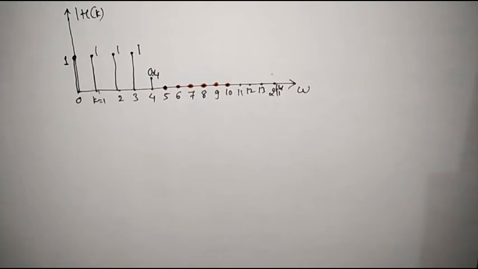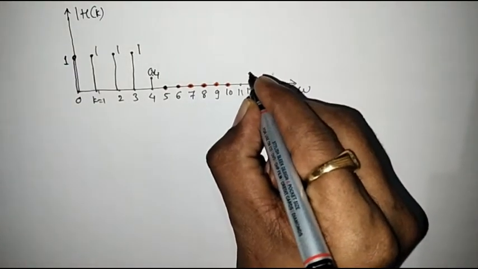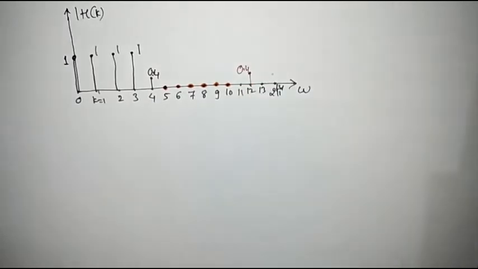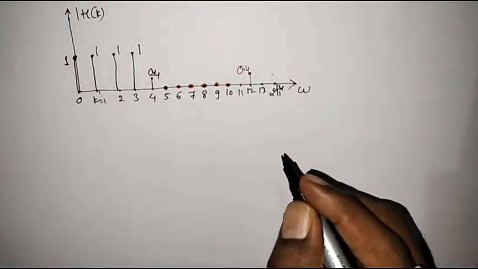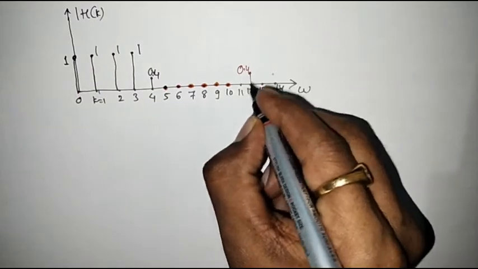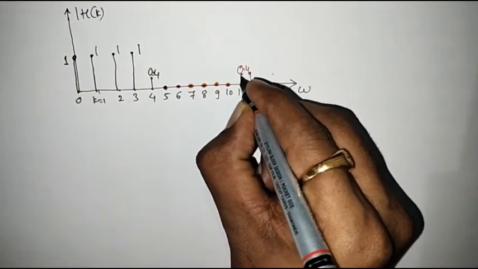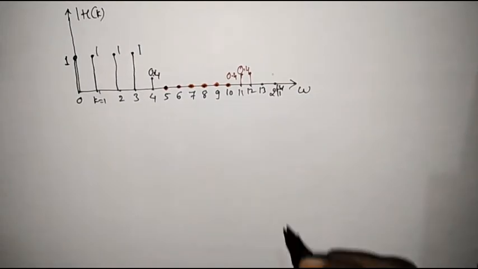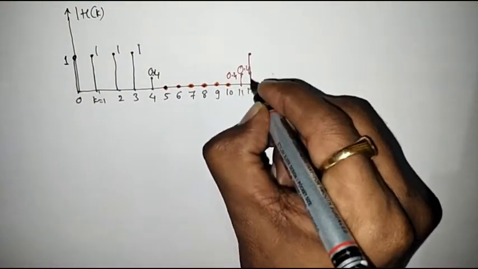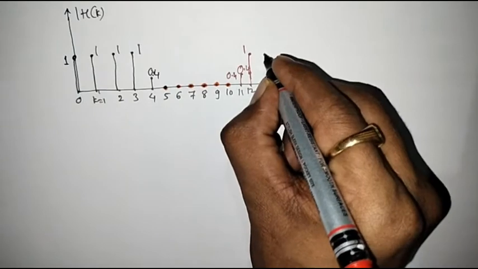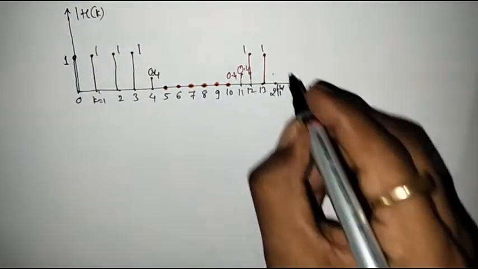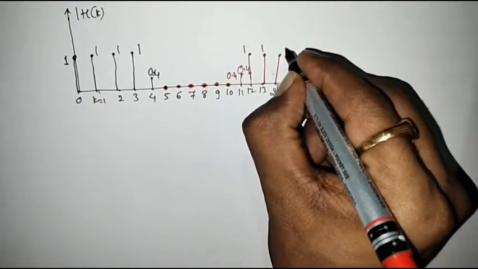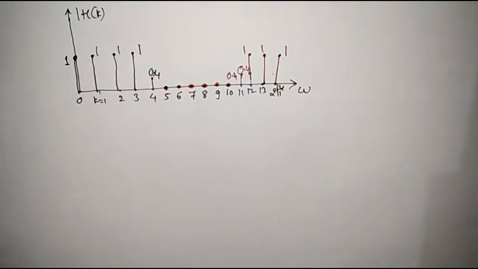So for 11 we get 0.4, and for k equal to 12, its magnitude is 1. For 13, its magnitude is 1. For k equal to 14, its magnitude is 1.